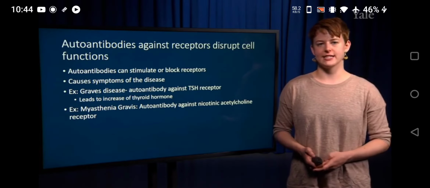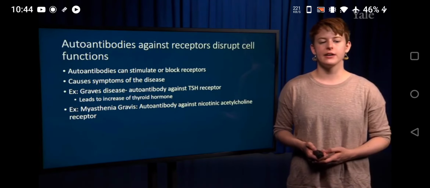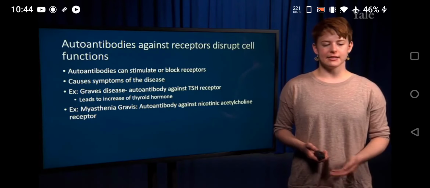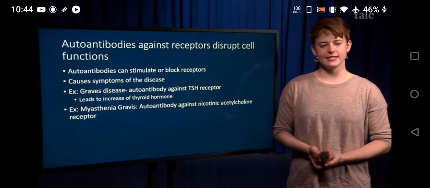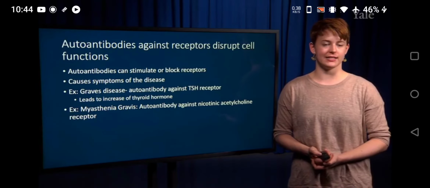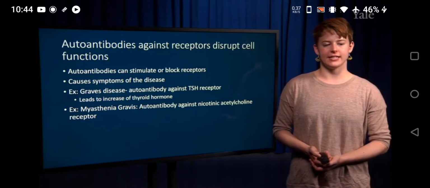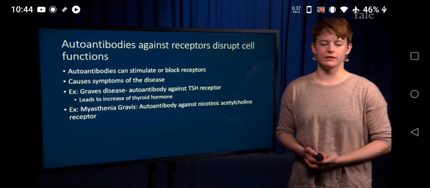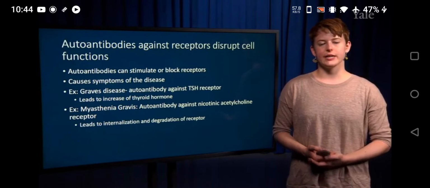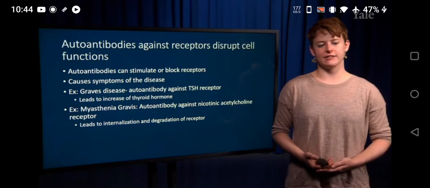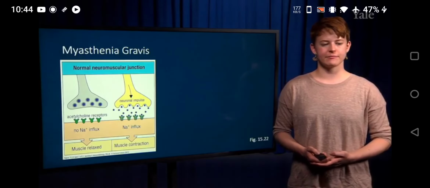So in some types of Myasthenia Gravis, we have autoantibody that's produced against the nicotinic acetylcholine receptor. And this leads to internalization and degradation of the receptor on the surface of cells, and thereby leads to muscle paralysis.